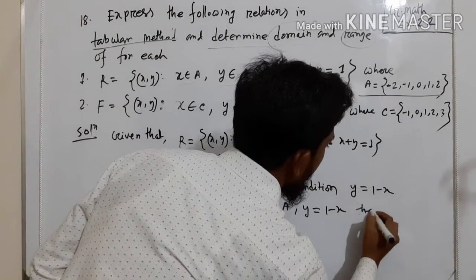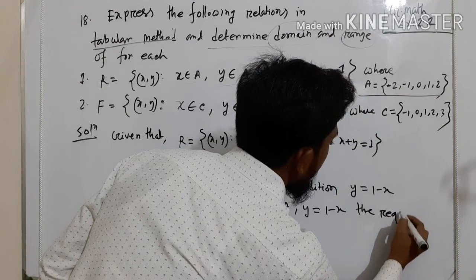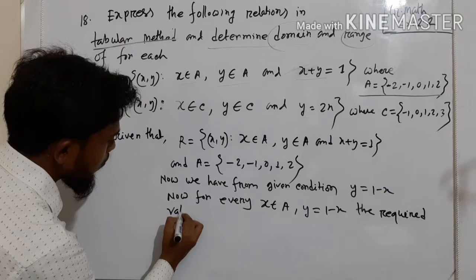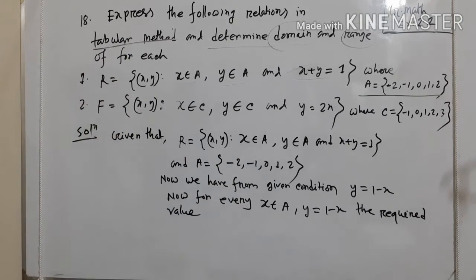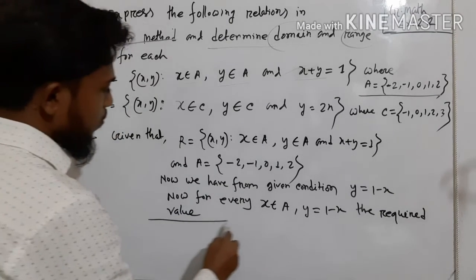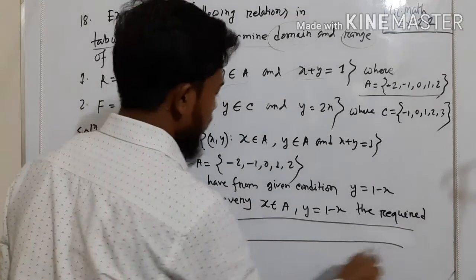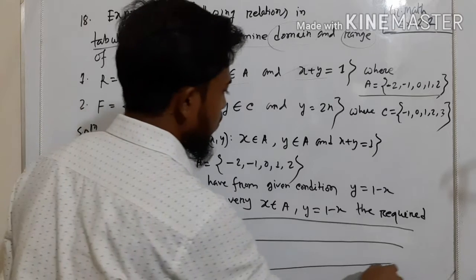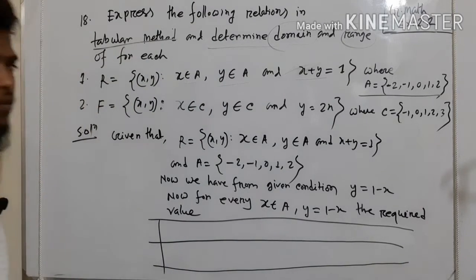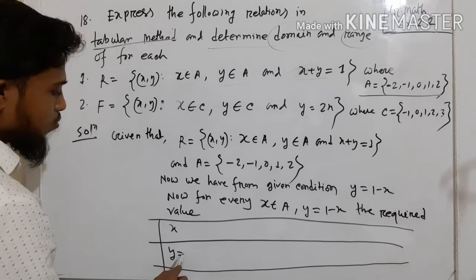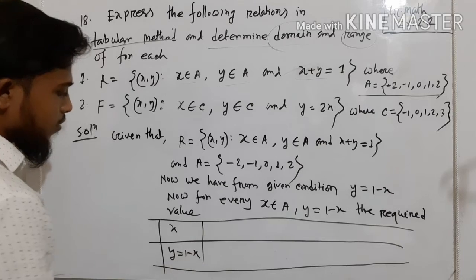Required value: here x and y equal to 1 minus x.